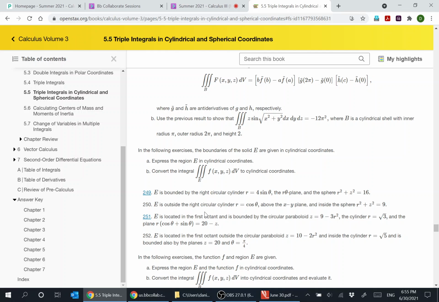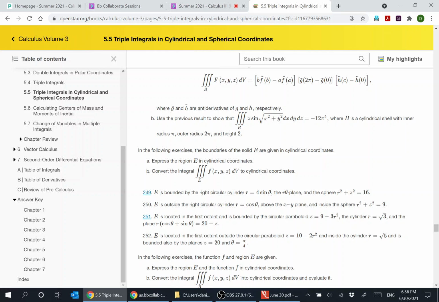So write E in terms of cylindrical, using inequalities. They don't quite give you the inequalities here in 250. So E is the outside of the circular cylinder r equals cosine theta, above the xy plane, and inside the sphere r squared plus z squared is 9.